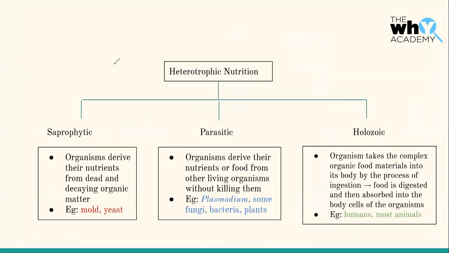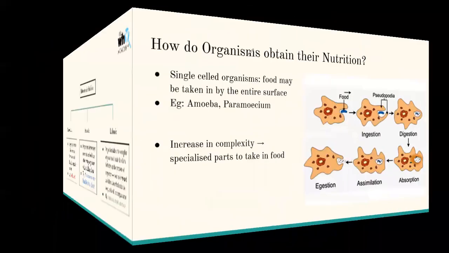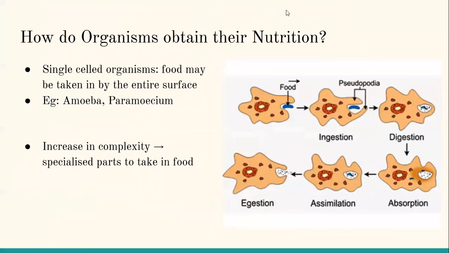This also we did last class, but the only thing I want you to remember is this word and this word, because when we come to humans, these words are going to come back. So you should know by then that holozoic means they take the food whole and then they break it down in their body. That's what holozoic means.